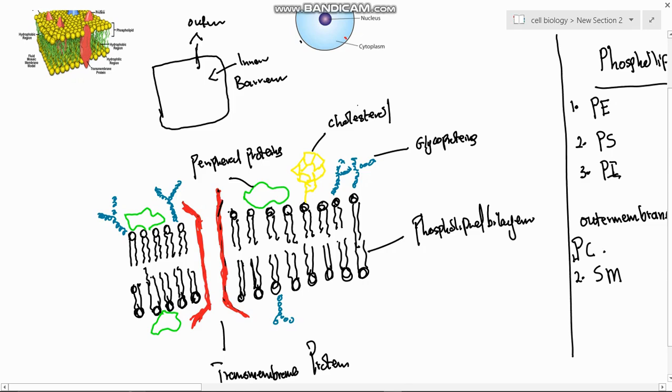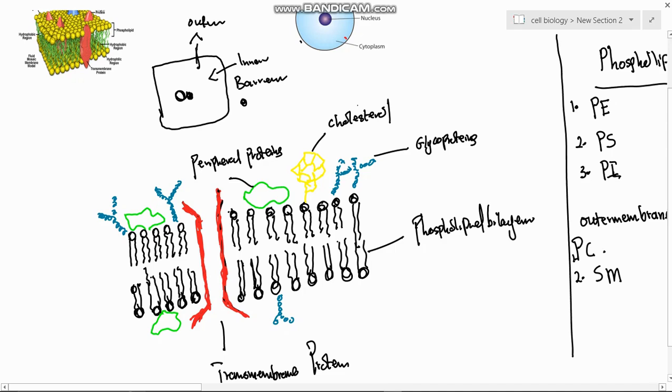It serves as a barrier between the intracellular compartment, which is the fluid or the compartment within the cell, and the extracellular compartment. Now, the plasma membrane has been equipped with certain components that facilitate the transfer of substances in and out of these two spaces.